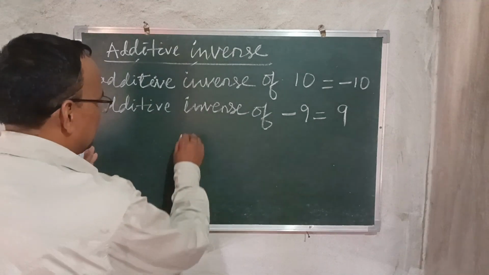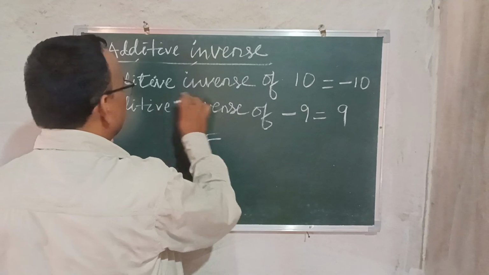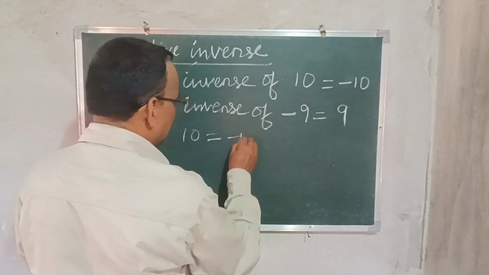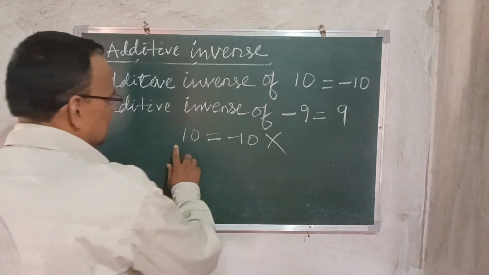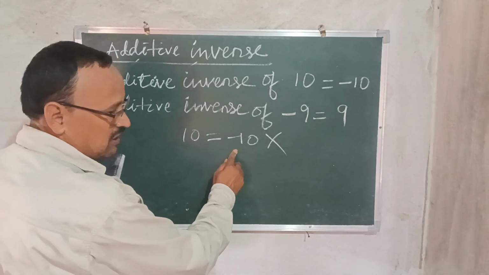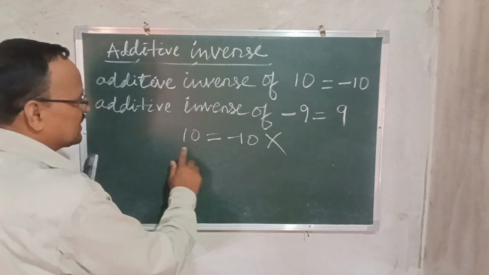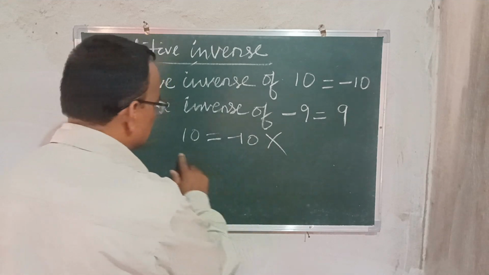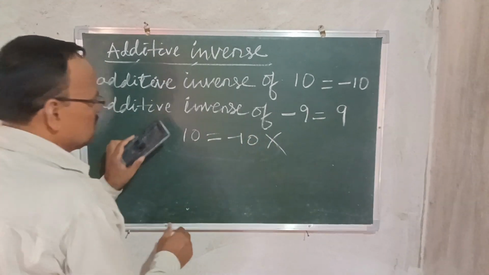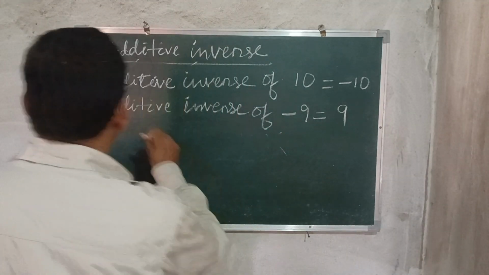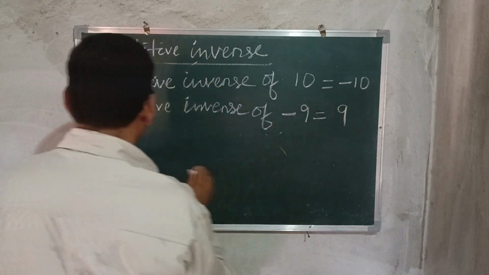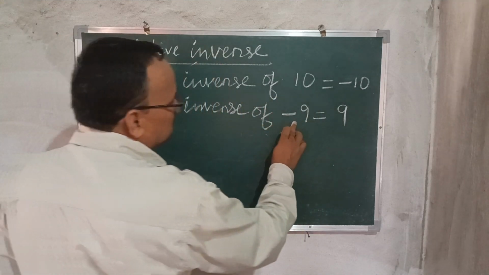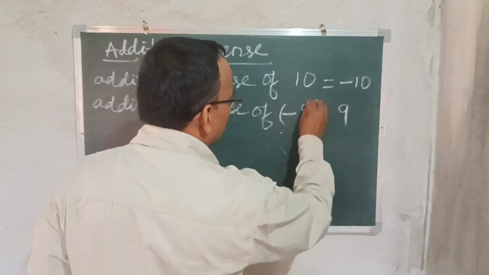If we write 10 is equal to the additive inverse of 10, that is equal to minus 10, this is the wrong process, because 10 will never be equal to minus 10. Some students write this, but it is totally wrong. You have to write: additive inverse of 10 is equal to minus 10, and additive inverse of minus 9 is equal to 9.